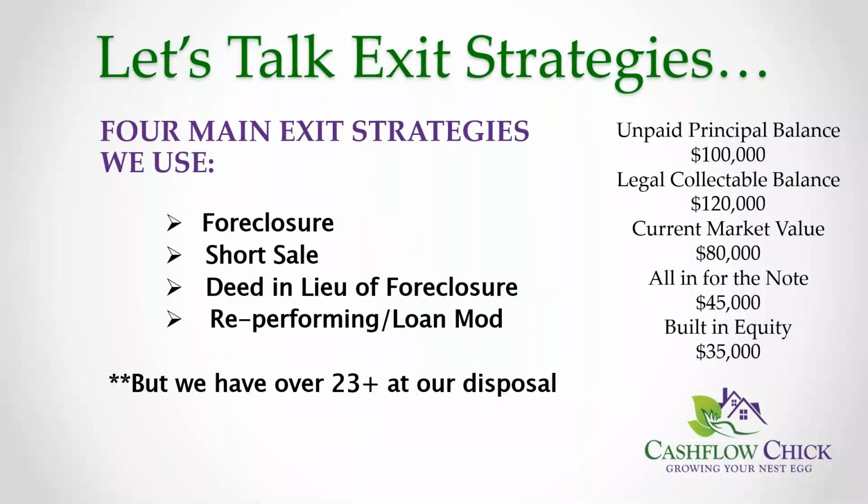We'll incentivize them: if you pay the first 3 or 6 months and you do well, we'll convert this loan to a permanent loan modification, and we will wipe out $20,000 worth of arrearage that is due.